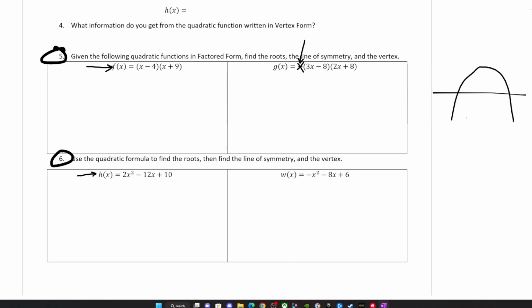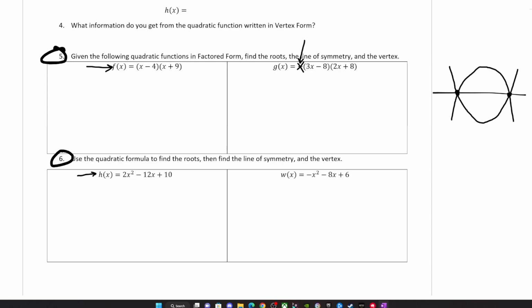If we don't have that negative, the graph will be upside up, but the roots won't change. It'll just get reflected. So the vertices will stay the same, and they won't change.